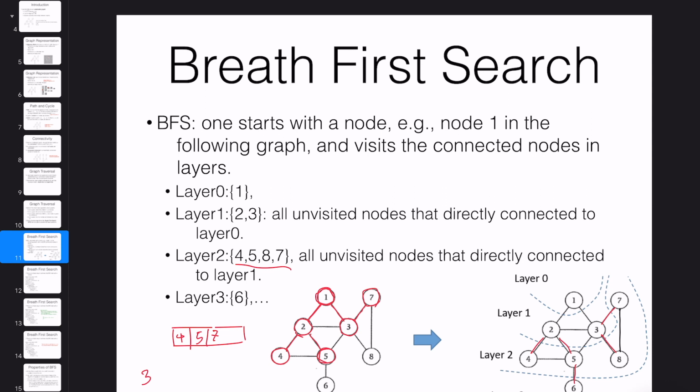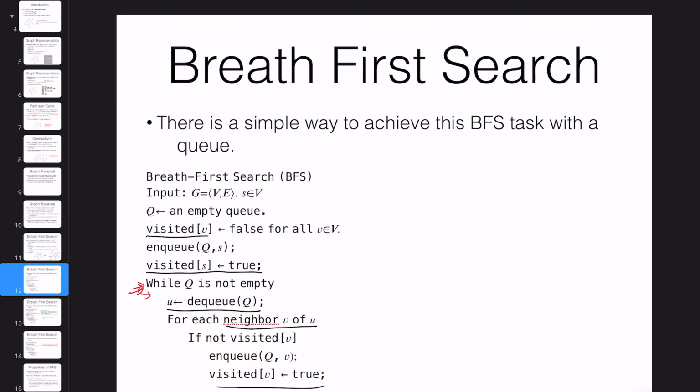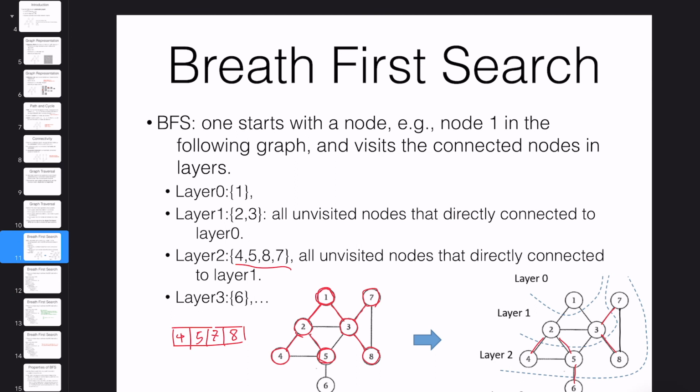And also 8 hasn't been visited, so you put it in the queue and you mark it as visited. Okay, so if you go back to the loop, you will see that the queue isn't empty, so I have to remove the next value from the queue and check it.